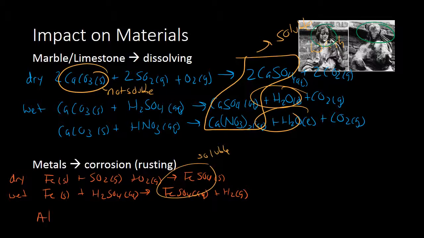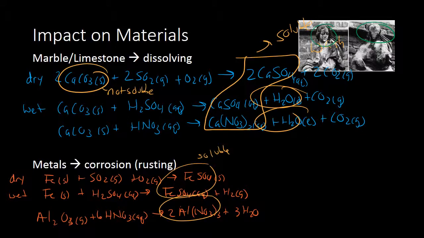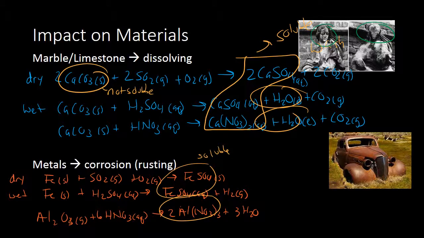You could also do this with aluminum, even though it's a little bit harder with aluminum, but it can still occur. And because you're making a nitrate, nitrate is also soluble. So over time, you're going to get rusting. And then again, over time, it's going to start to flake off, and it's going to dissolve, and it's going to wash away.